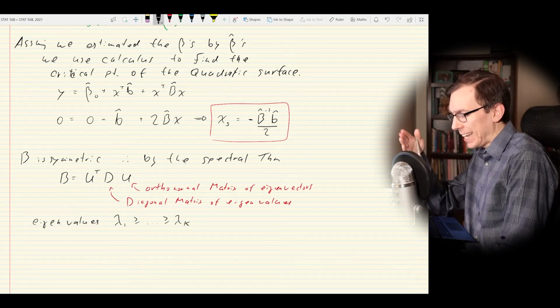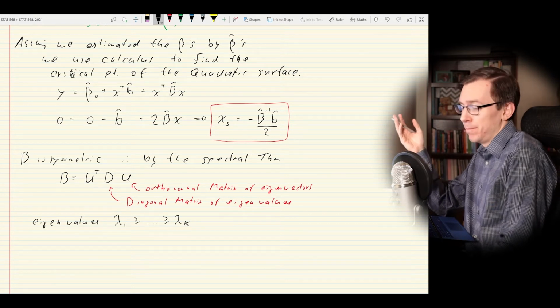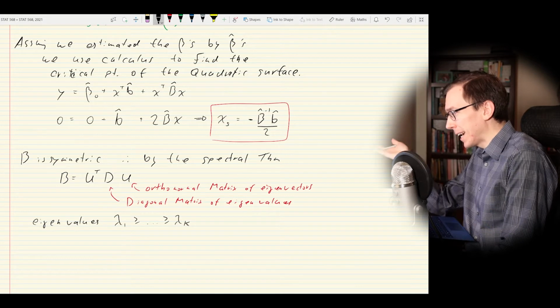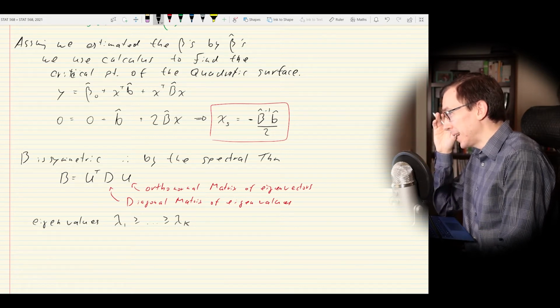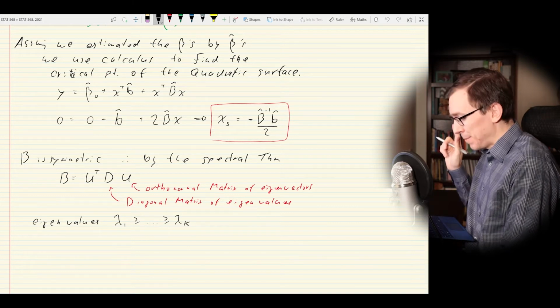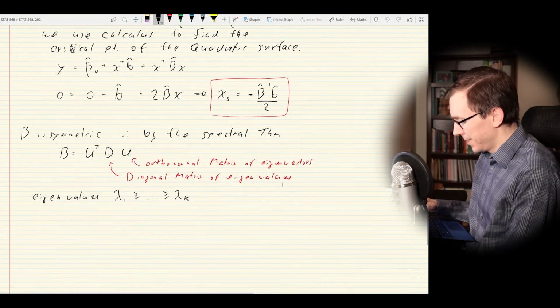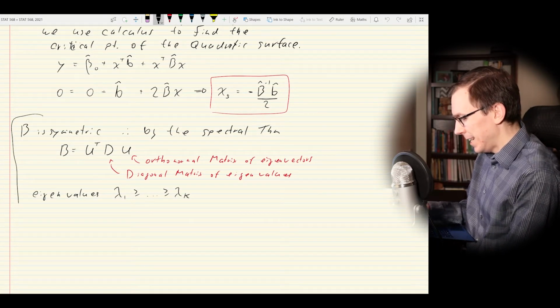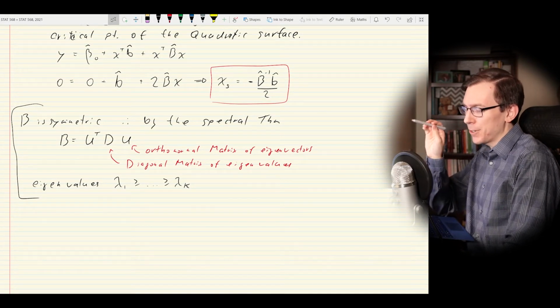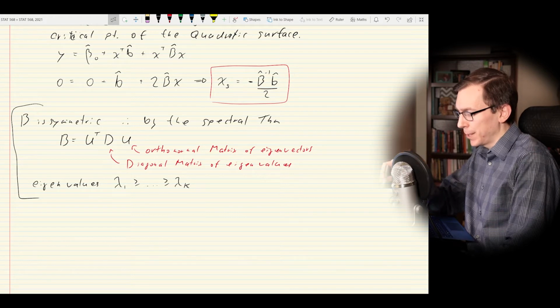These are going to be my k eigenvalues. There could be ones that are equal to each other. They could be positive. They could be negative. But this is what we get. And this is going to be important in a second. So let's keep this in mind, because the matrix B is going to tell us what type of critical point xs is.